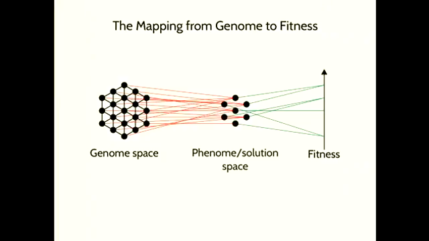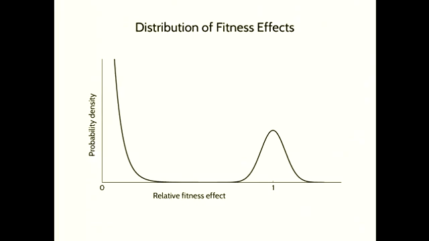Then the mapping from genome to phenome gives you a probability distribution over the phenomes that you could reach. So this is a space of organisms, or in evolutionary computation, a space of solutions. And then the environment gives us a mapping from phenome to fitness. And the result is, when a mutation happens, we have a probability distribution over the fitness after the event.